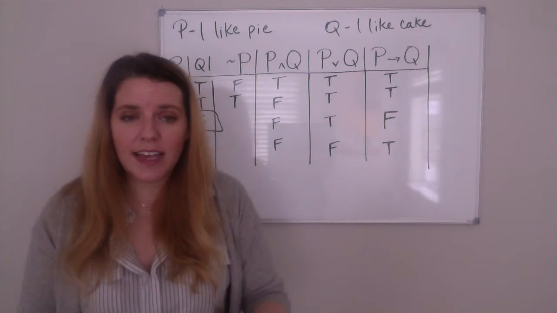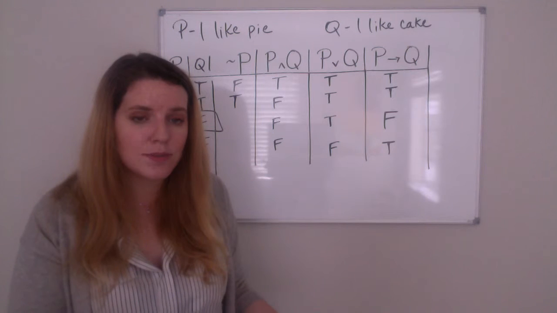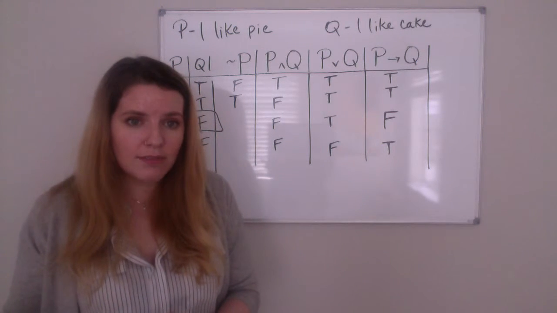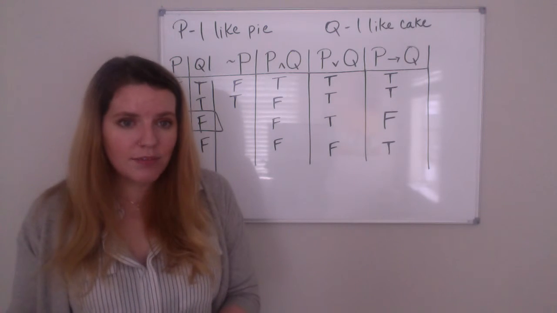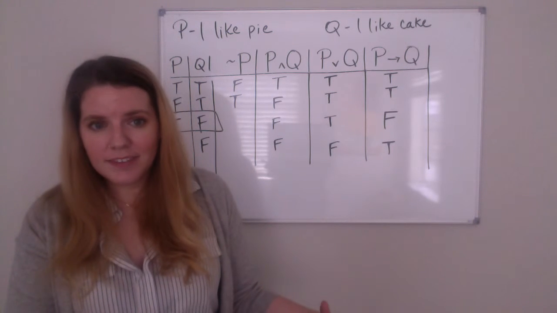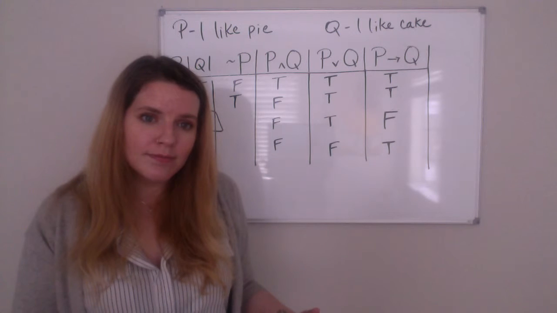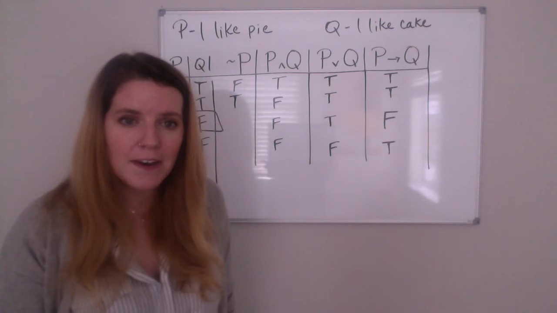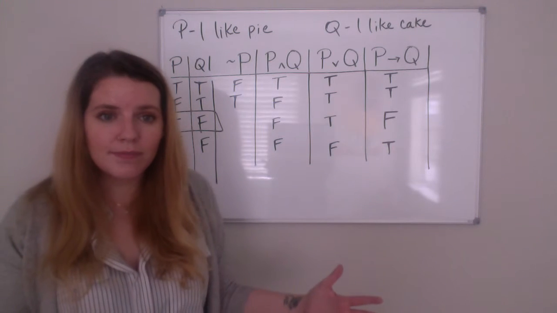And think about this. We're saying, if it's raining then the grass is wet. We're now in a situation in which it's not raining, but the grass is wet. Does that have any bearing on the claim that if it was raining, then the grass would be wet? No, it doesn't.